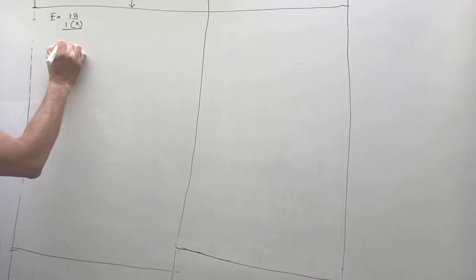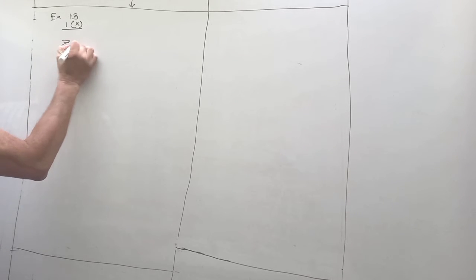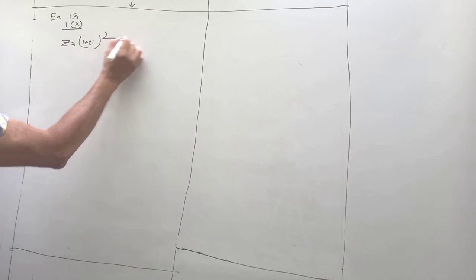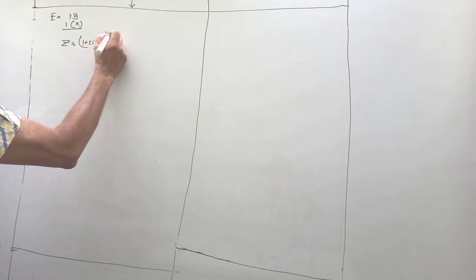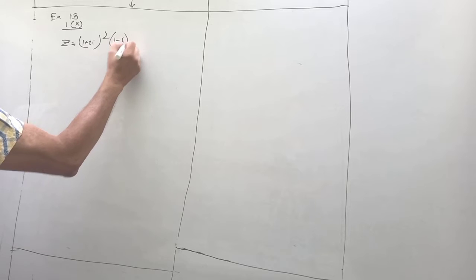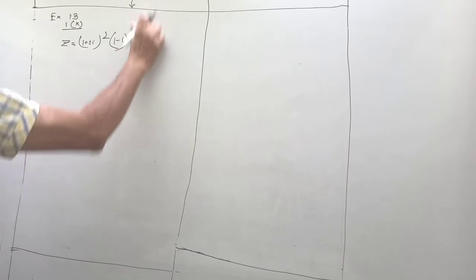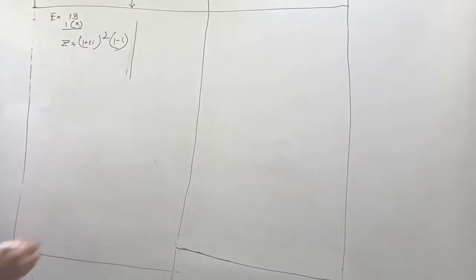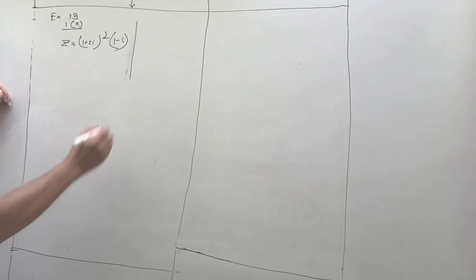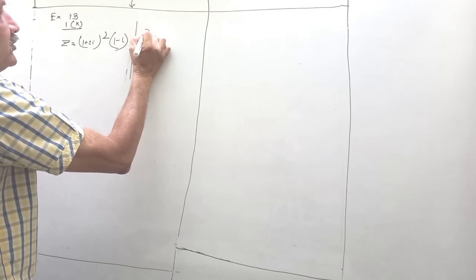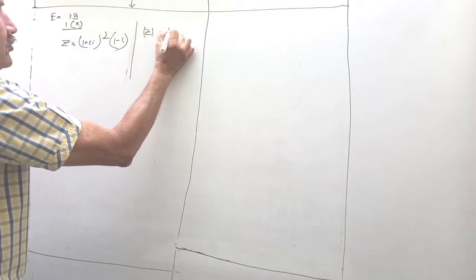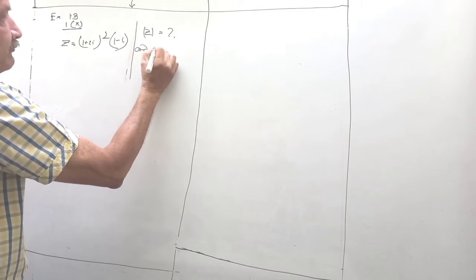The problem is: given z equal to (1 + 2i)² into (1 − i), we have to find out the value of modulus and amplitude.